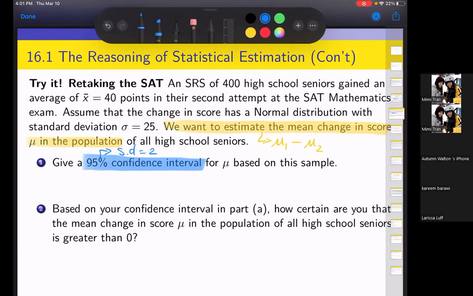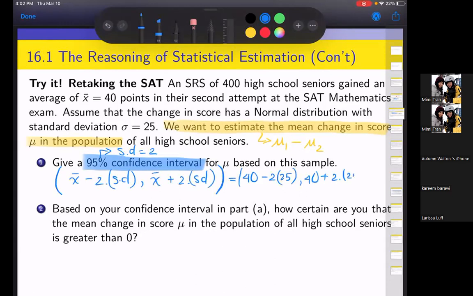So for the 95% confidence interval, remember X bar minus 2 times the standard deviation, and X bar plus 2 times the standard deviation, right? So X bar is 40 minus 2 times 25, and then 40 plus 2 times 25.